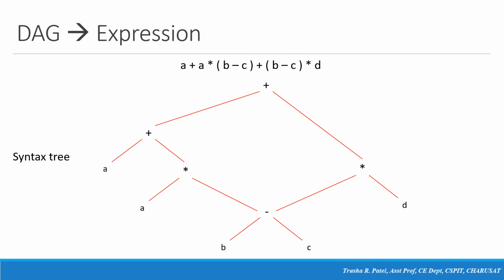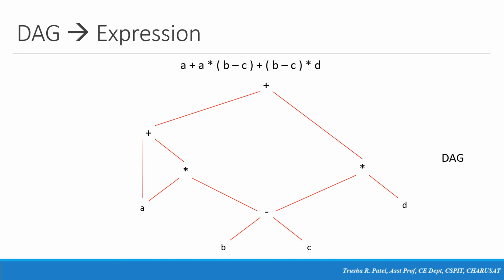Now let us find out if there are any other sub-expressions. There is a at two different places, so I can combine it like this. For the plus, the left child will again be the a. Now in this tree there is no common subtree. So this is called a DAG.